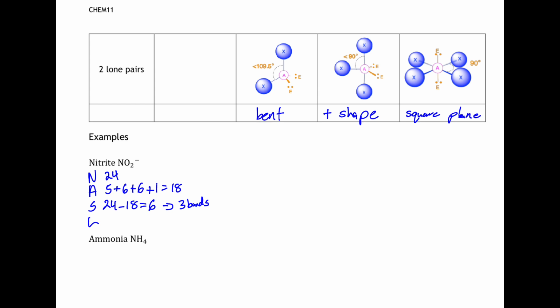So 3 bonds. And then we do the subtraction again. It's 18 minus 6 for how many lone pairs are left. What is 18 minus 6? It's 12. So there's 12 electrons or 6 lone pairs. I'll just put LP there because I'm lazy.